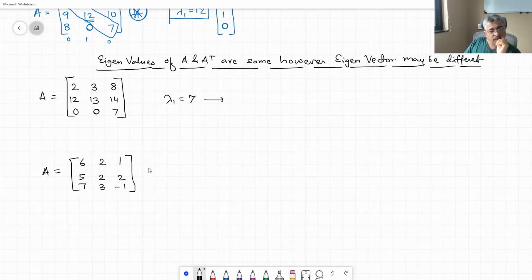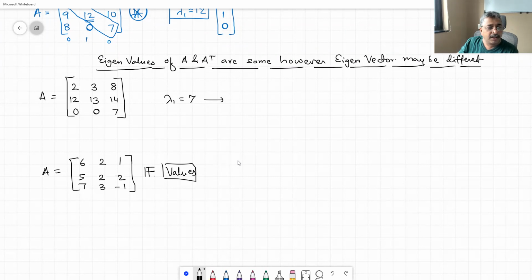Should I ask you? Yes. Just find eigenvalues, not vectors. Find eigenvalues of this matrix A. Okay, let me get that polynomial also.